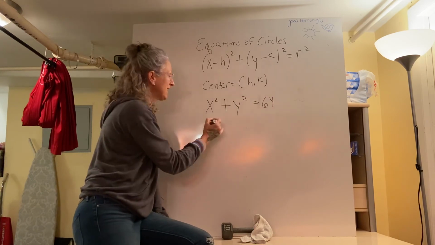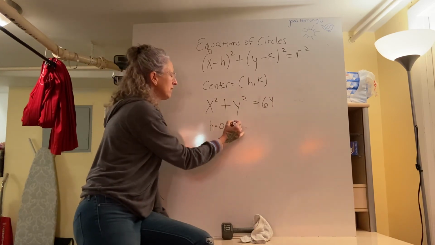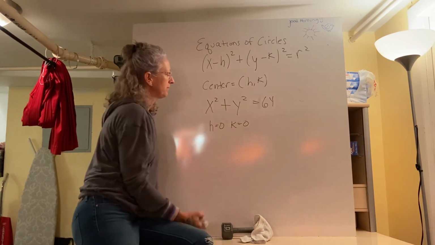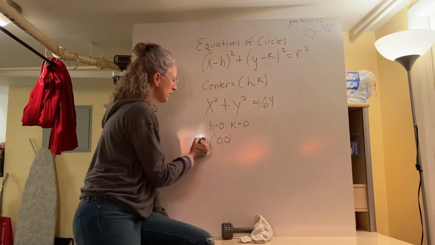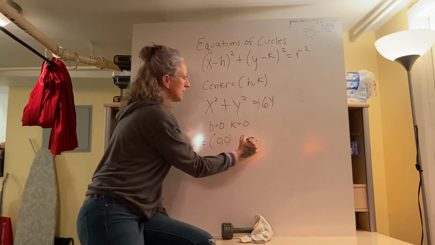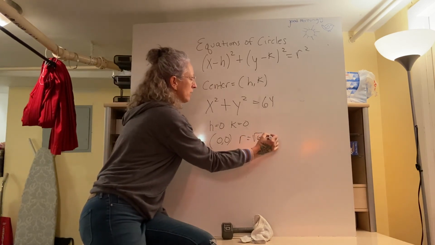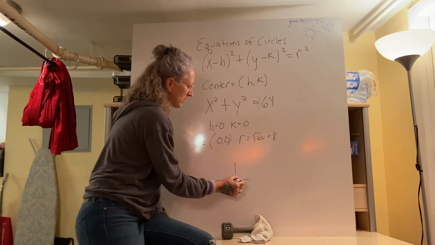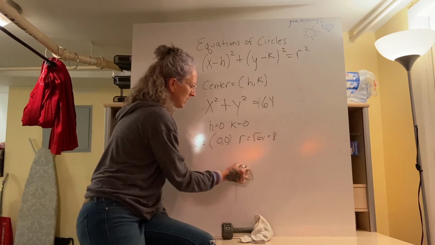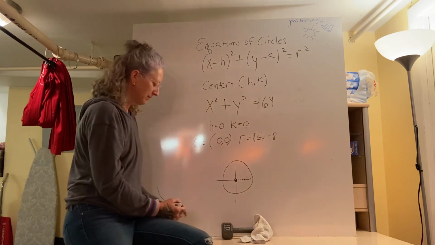So that means that h equals 0 and k equals 0. So the center would be (0, 0), in other words, the origin. And the radius is going to be the square root of 64, which is 8. So this would be a circle centered at the origin and 8 units around. That's it.